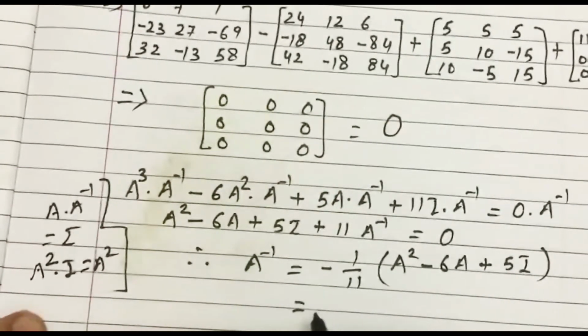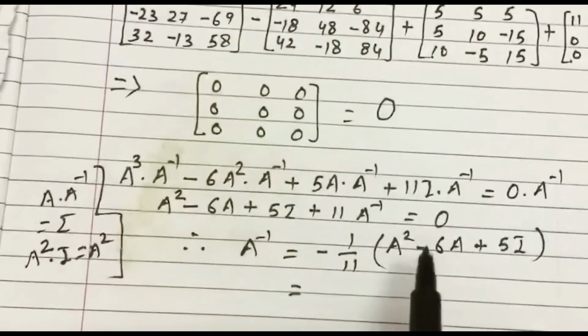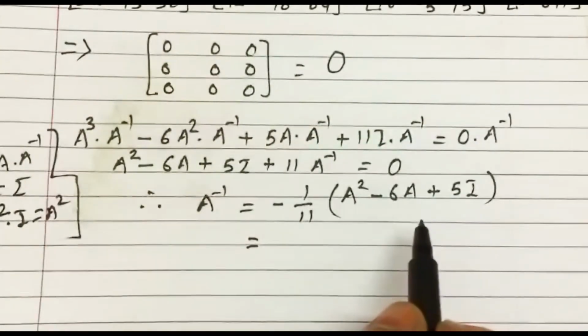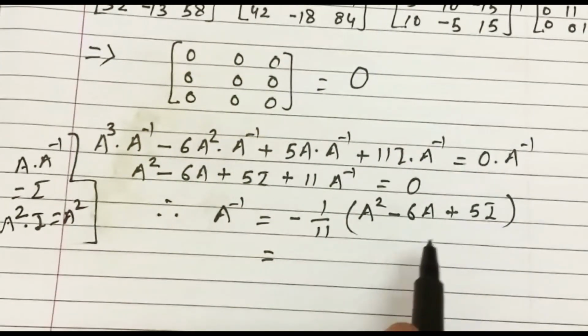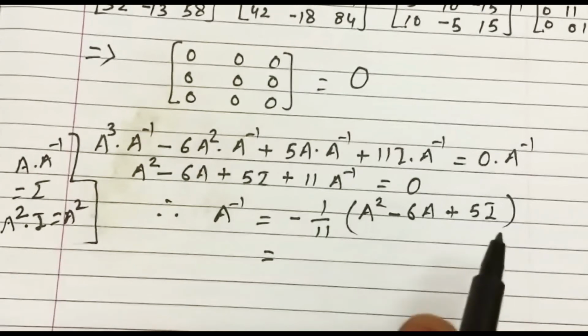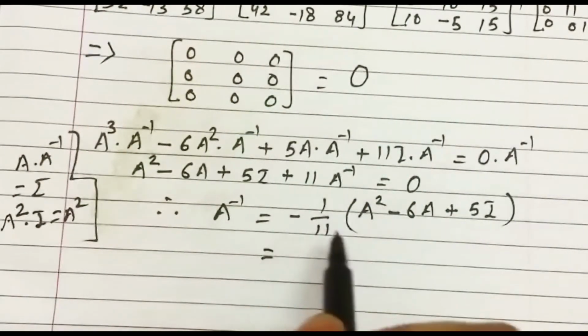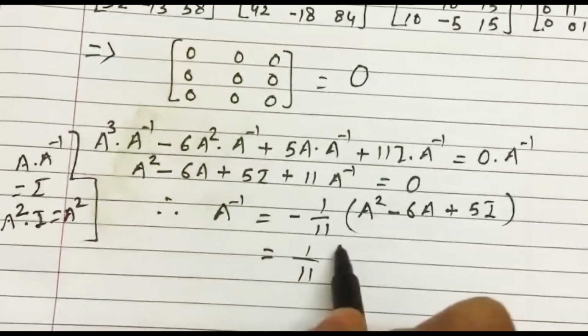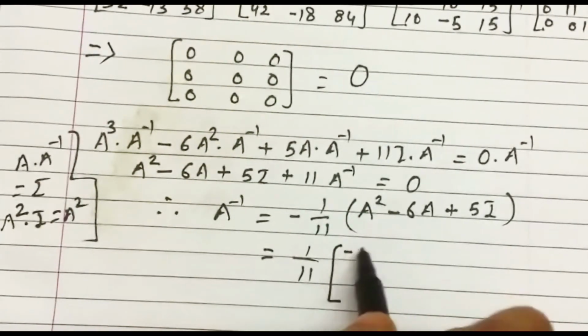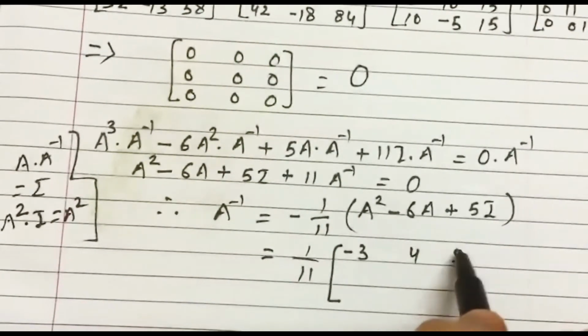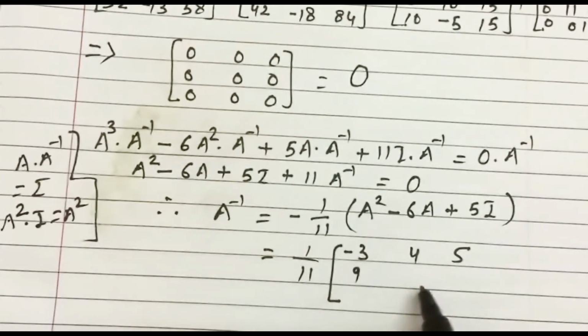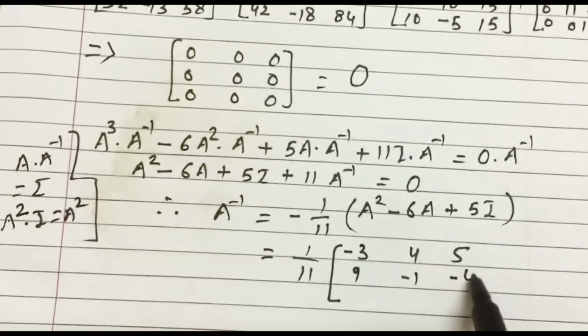Now students, substitute the values of A square, minus 6A, 5I and divide by 11. Okay, I already found the A square, so only substitute the values and finally you will find minus 3, 4, 5. It's 9, minus 1, minus 4. Here 5, minus 3 and minus 1, and it is the answer.